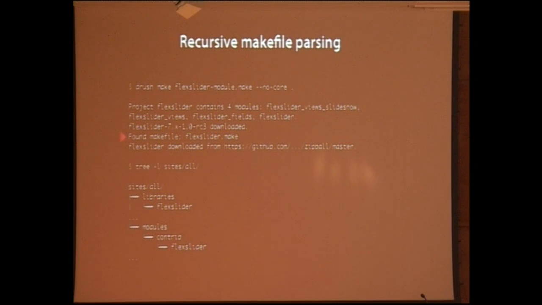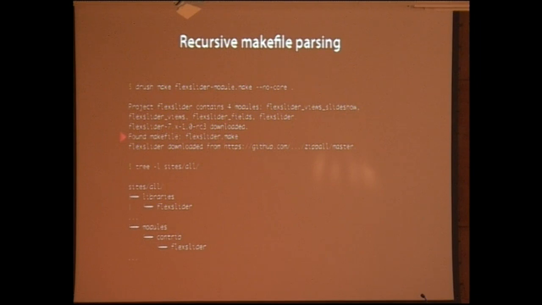So with one command, I've done something that was under my control, meaning I am not the maintainer of the flex slider module, and I'm not supposed to know immediately what are the dependency of flex slider, where they should be placed, which specific version should be downloaded. But the flex slider module maintainer already did everything for me.